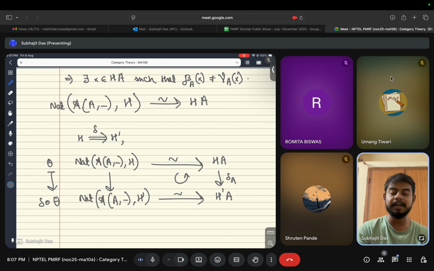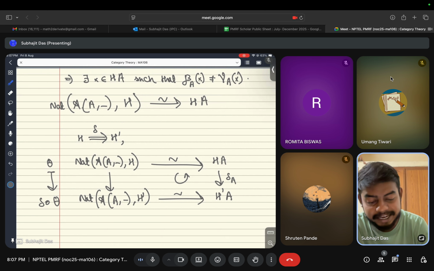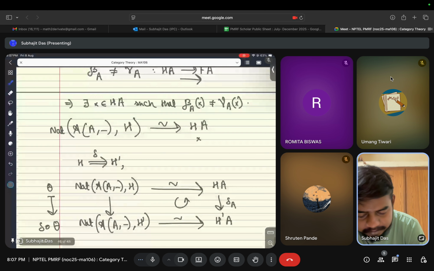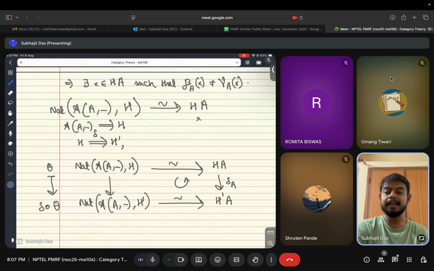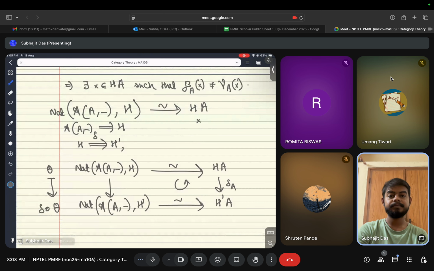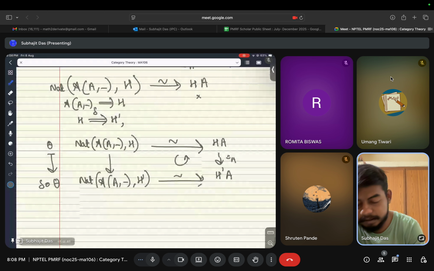So let's try to understand what this actually means in our context. So we have an element little x in HA. So this element little x in HA is given by some natural transformation from this to H, right? So we have some natural transformation from this to H corresponding to the element x.